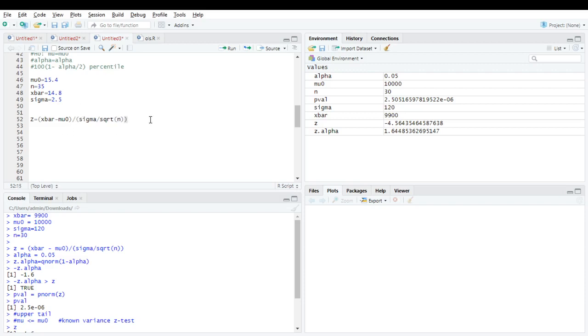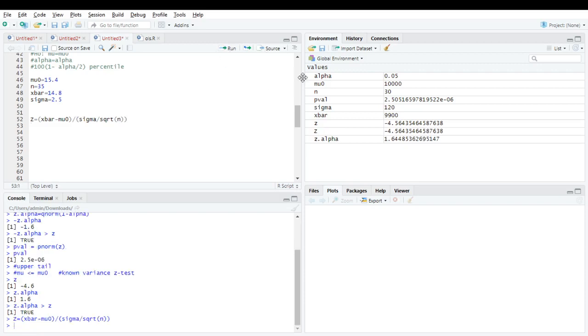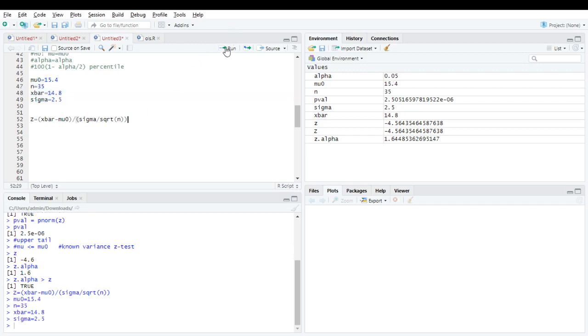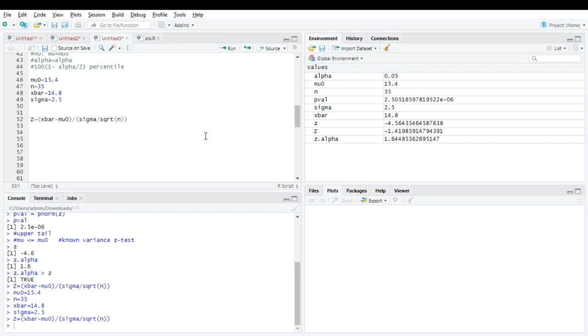So this is your z value. Okay, first you have to run this. So this is your z value.